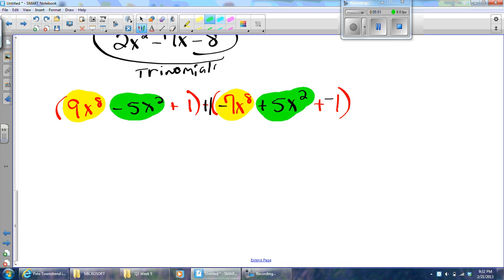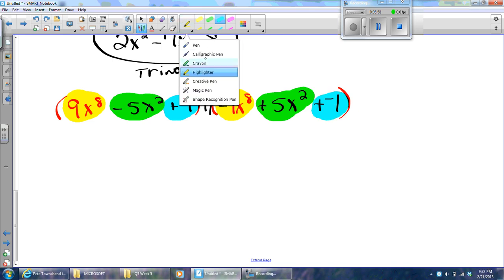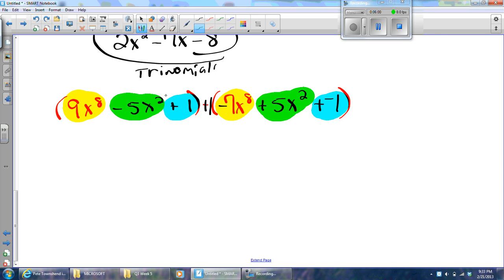And then plus 1 and minus 1. So my yellow ones will give me 2x to the eighth. The x squareds will cancel, and the 1 and the minus 1 cancel out. So I have two trinomials being added together, but the end result is a monomial.